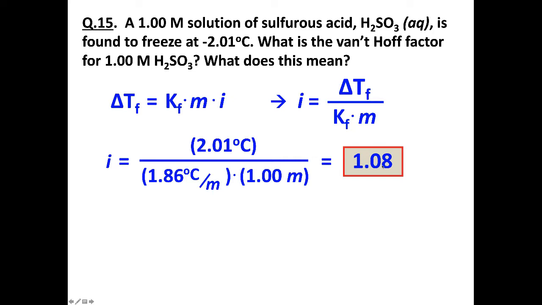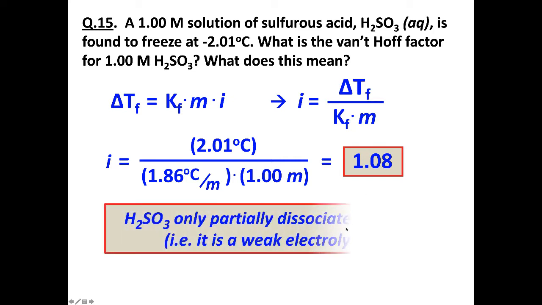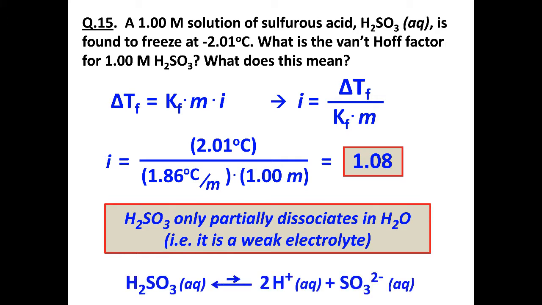But it's a little bigger, and so this seems to imply, in fact it does tell us, that H2SO3 does dissociate a little bit. It breaks apart slightly. It's what we'd call a weak electrolyte. It lights the light bulb if you try to test conductivity, just barely. And we could represent it, this is kind of simplistic, and we'll see in a bit this is maybe not the best way to do this, but H2SO3 has 2 hydrogens that could just dissociate.